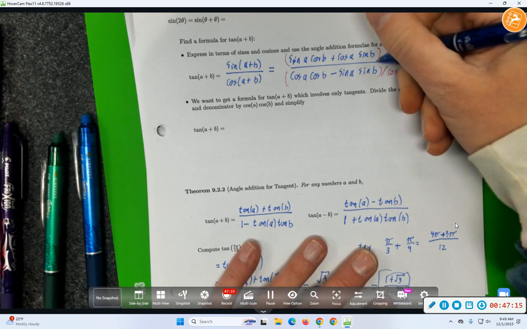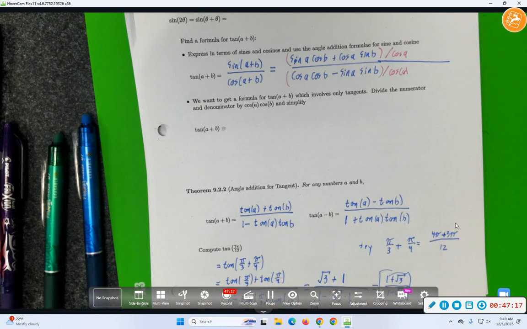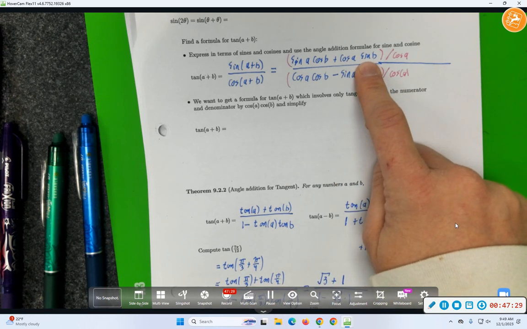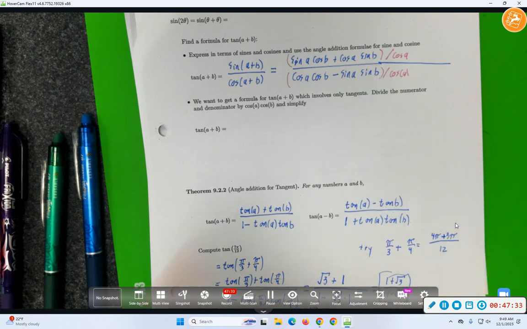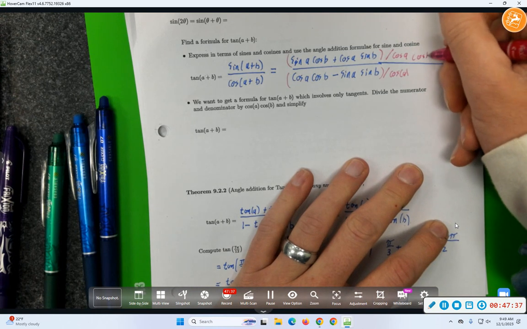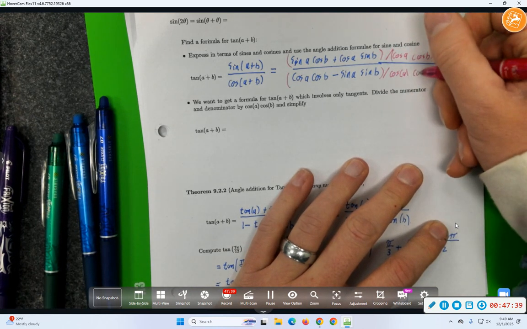Right, as long as you are doing something multiplicative and you do it to the whole numerator and the whole denominator, you don't change the fraction. I also see a sine of b. If I divided by cosine of b, that would become a tangent. So let's do that. Let's also divide by cosine b, and then we'll just see what happens.